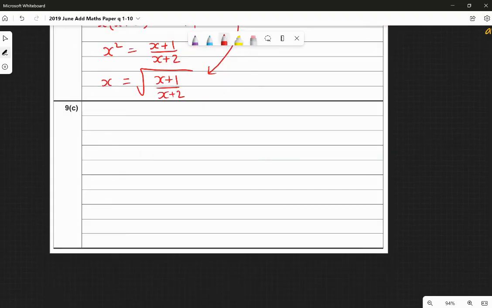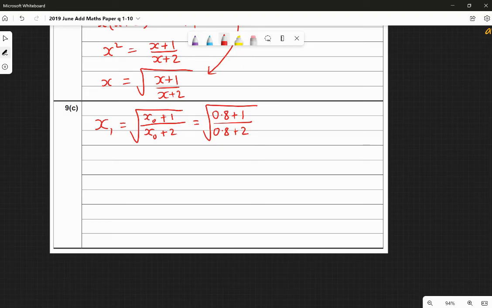Okay, so I'm going to use x0 to find x1. I find x1 by doing the square root of the 0th value plus 1 over the 0th value plus 2. So that will be the square root of (0.8 plus 1) over (0.8 plus 2).